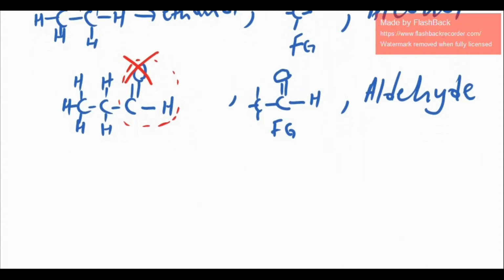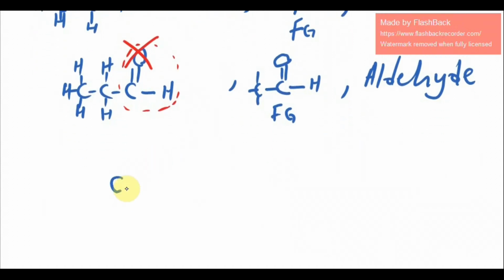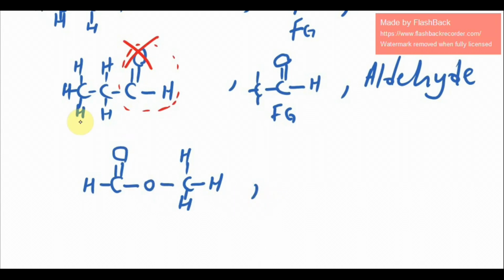Let's look at the last example. If you look at this one, the functional group is a carbon with double bond O and OC.